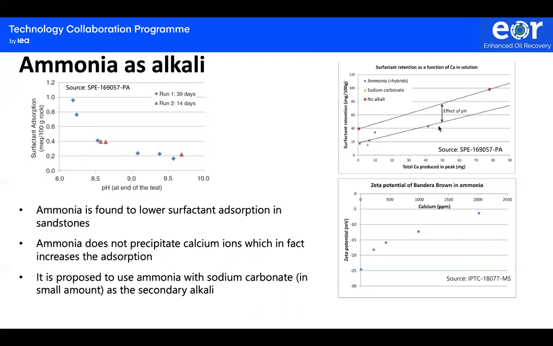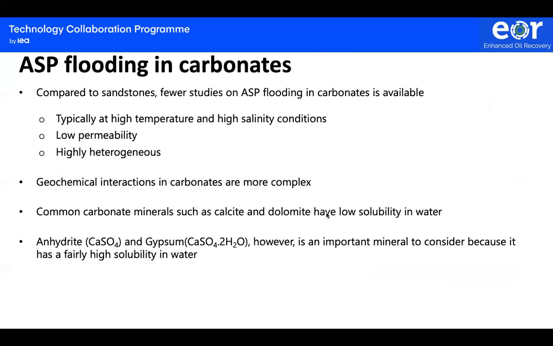Right, so these calcium ions that are soluble in ammonia interact with the surfactant and increase the adsorption of surfactants. So there are two effects. pH on the other hand is trying to lower adsorption, but calcium ions increase adsorption, and that is because when you increase the calcium ions, your rock becomes more positively charged, and that results in increasing the surfactant adsorption.